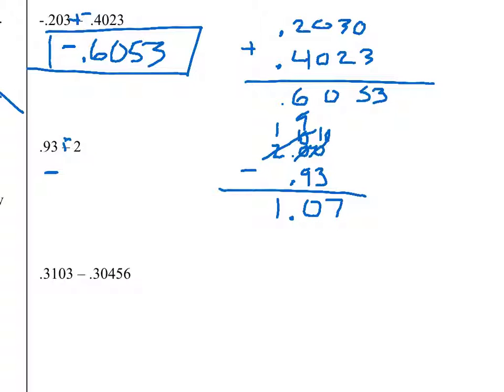I'm going to add that over to my negative over here. So again, one of the great things about this is by doing our work to figure out which one was the larger number, we also set up our subtraction.